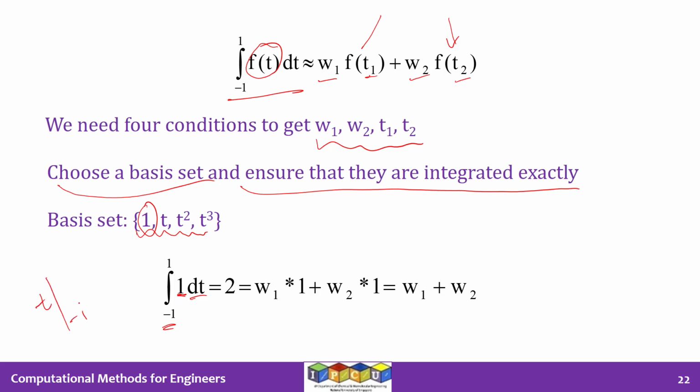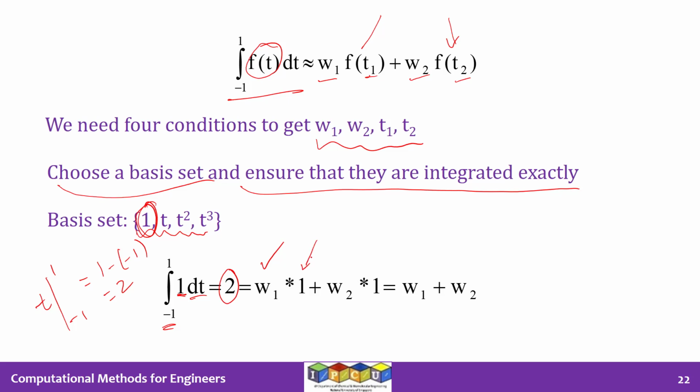And t from -1 to 1 is going to give you 1 minus -1, which is going to evaluate to 2. So if I integrate the first function of my basis set between the limits t is equal to -1 to 1, the answer is 2. Now, when you come to the right hand side, w1, I do not know what it is. But I know the function evaluated at t1 is going to be 1.